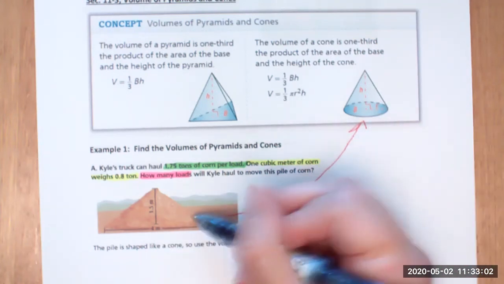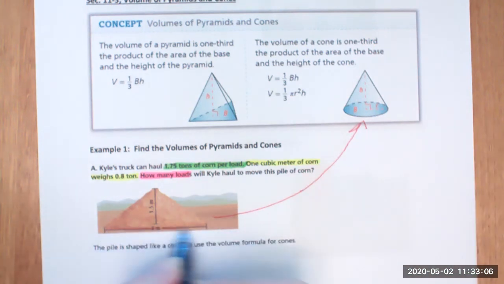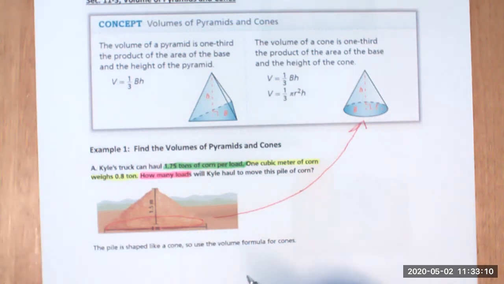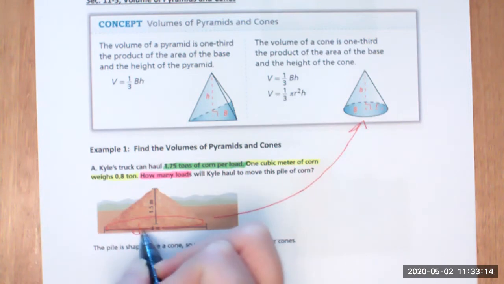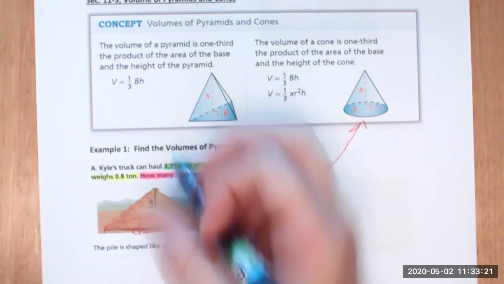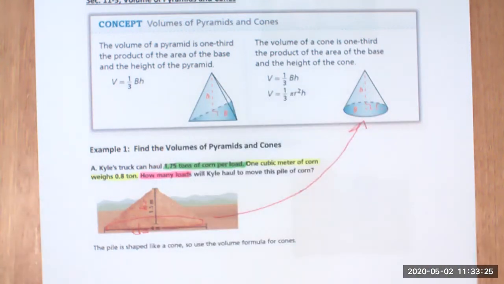So if you were to redraw this to help you visualize that this is a cone, there's your circular base, and the 4 meters is the diameter of that base. And furthermore, the 1.5 meters is the height of the cone.